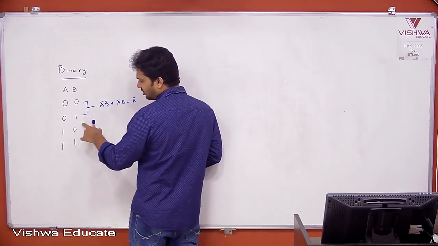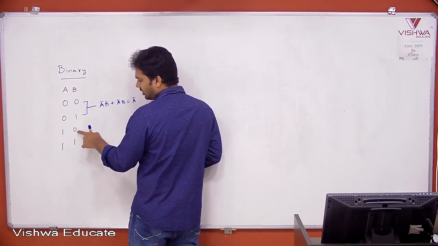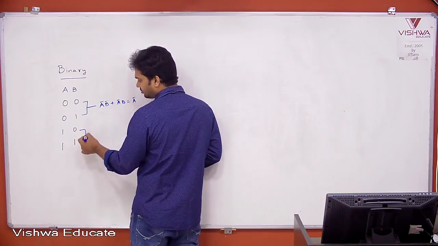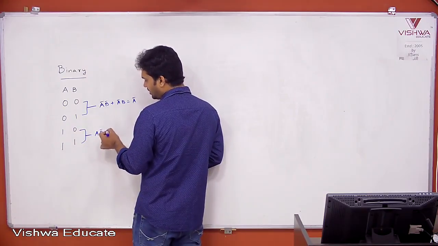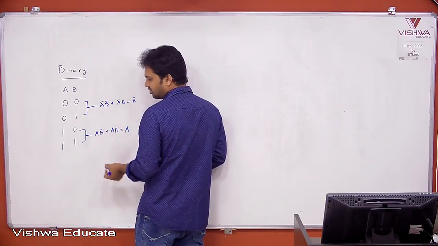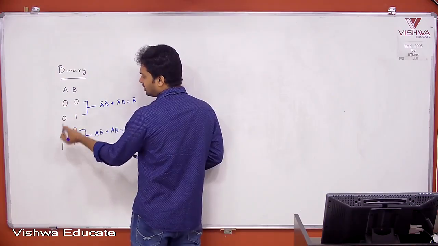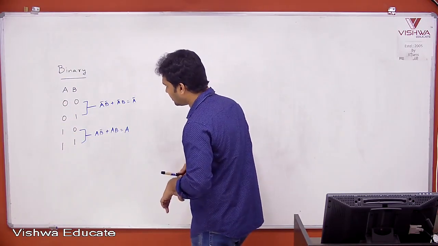Can I take anything common here? A bar B plus A B bar. You cannot take anything common. Here 1 0 and 1 1, yes, you can take common: A B bar plus A B. What is the answer? A. For last and first, you cannot take anything common. So here you should observe one important point.